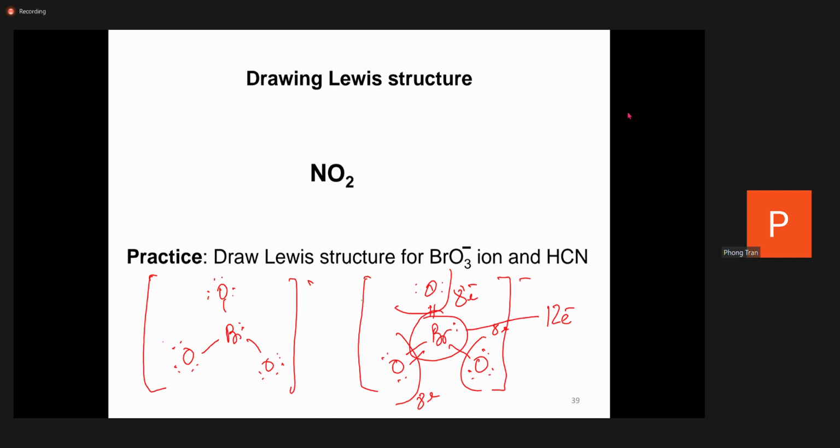So basically, you first follow the 5 steps I described, where you try to satisfy each atom in the structure with 8 electrons.